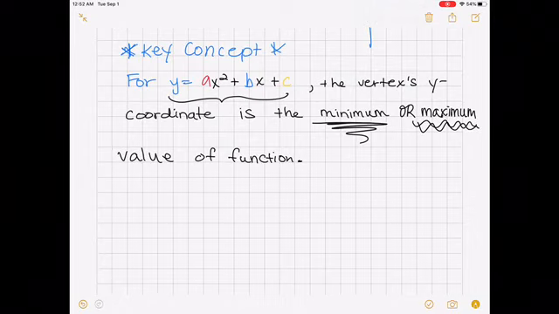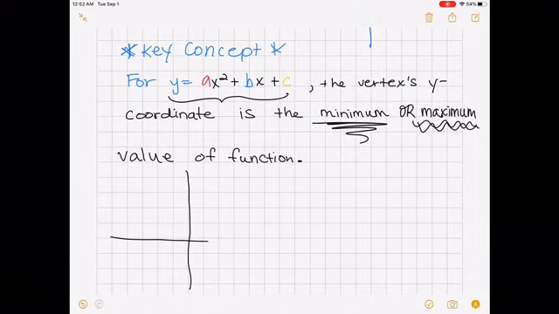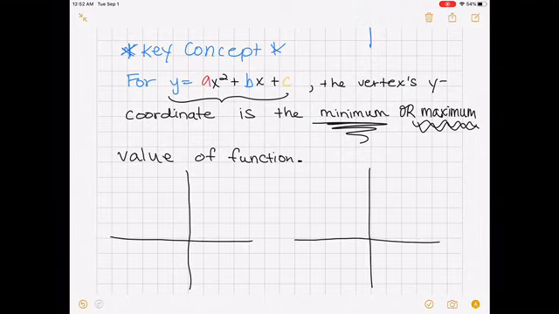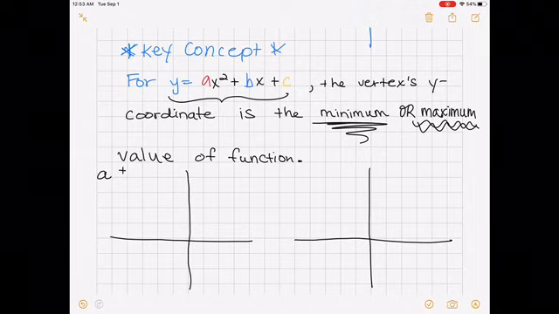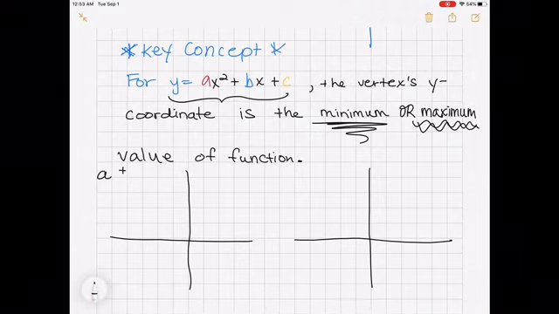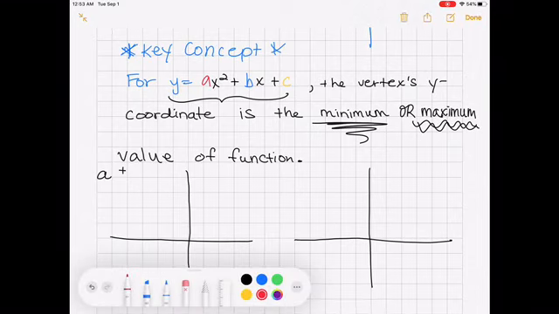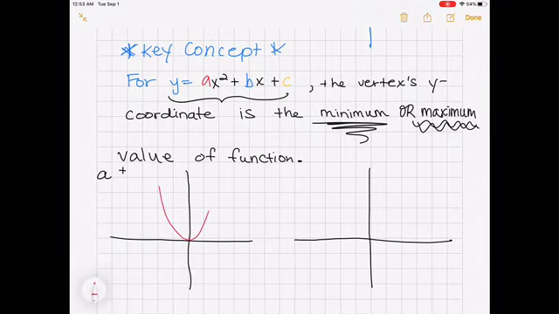Okay, and here's how to know which is which. Let's do a little graph first, okay? Now we talked about those little pieces a, b, and c, what we know. We know if a is positive, or we could say a is greater than 0, the graph will be happy, right?